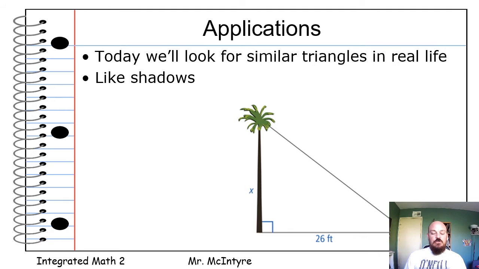There's a person and a tree, and each one is casting a shadow. Now in the picture, all you can see is the triangle. So let's be a little bit more specific. Let's say the sun is up here somewhere. As the sun's rays come down, it hits the ground, and as it passes the top of each shape, in this case the tree, it's going to create the shadow of the tree down here.